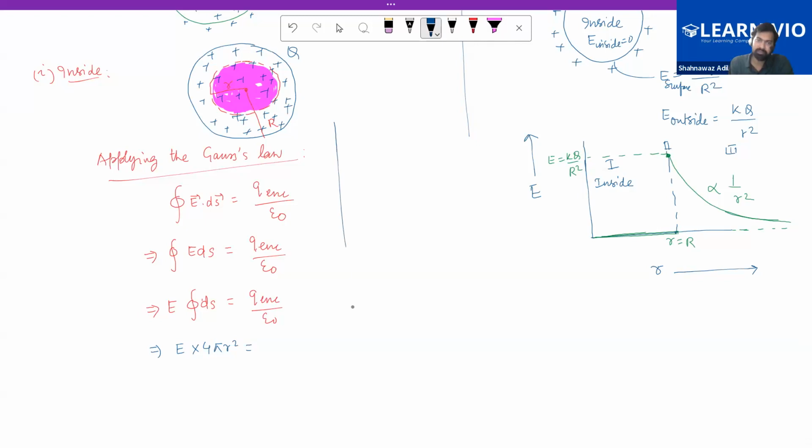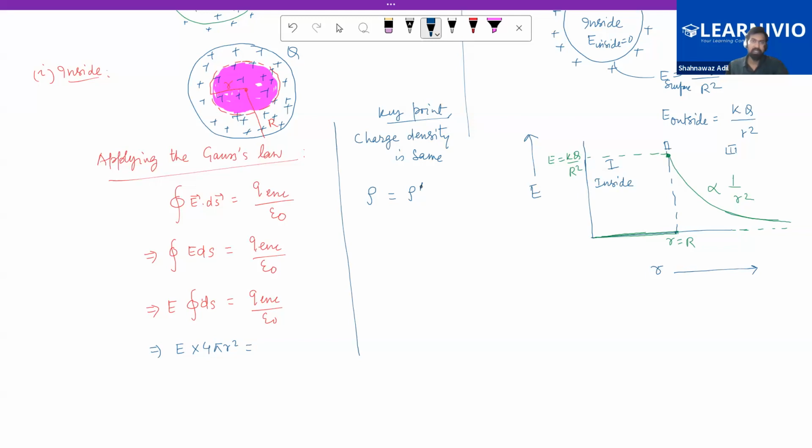That the charge density is the same. That is the key point. So for this sphere, the charge density would be, let's say, rho, and for this one, that would be rho prime. Both are equal. Is it clear?